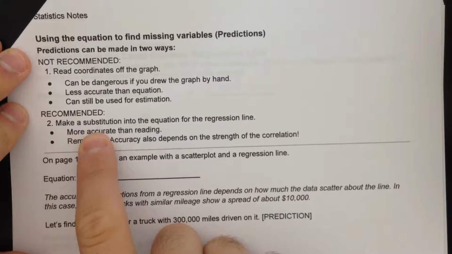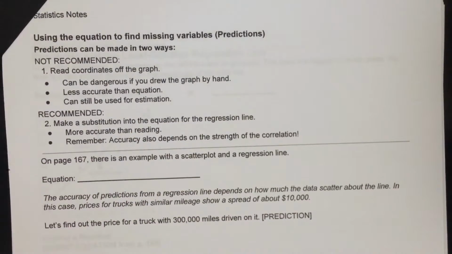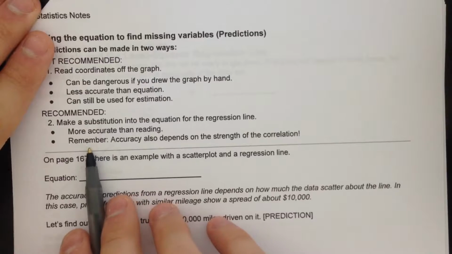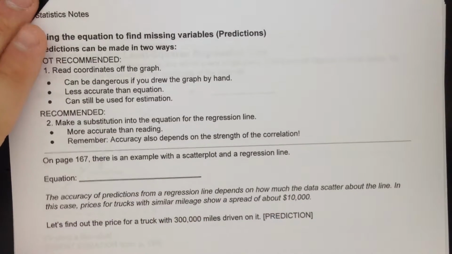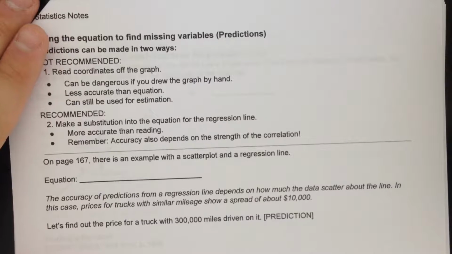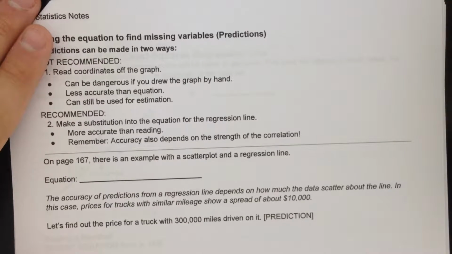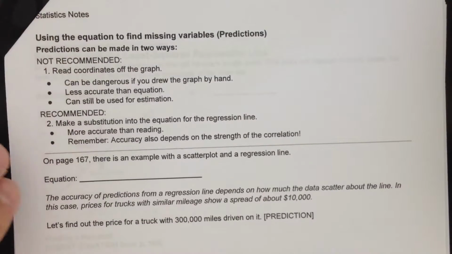What's recommended is you actually make a substitution into the equation. It's the whole reason why we make the equation, so that we can plug something into it. It's way more accurate than reading the graph, but just remember that the accuracy also depends on the strength of the correlation. So your equation's only as good as your correlation. If your correlation is 0.3, for example, just realize that when you plug in a number, it may not be as good as you think it is.